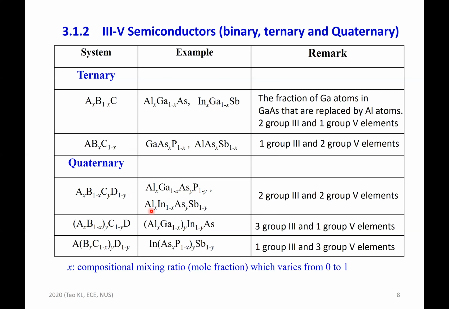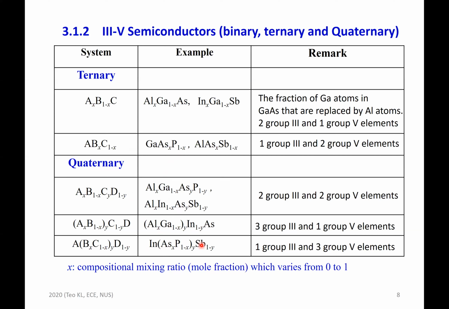You can also have aluminum indium arsenide antimonide, or you can have 3 group 3 elements, aluminum, gallium, indium, and 1 group 5 element. So these are aluminum, gallium, indium, arsenide. Or you can have 1 group 3, which is indium, and 3 group 5 elements: arsenic, phosphide, and antimonide.